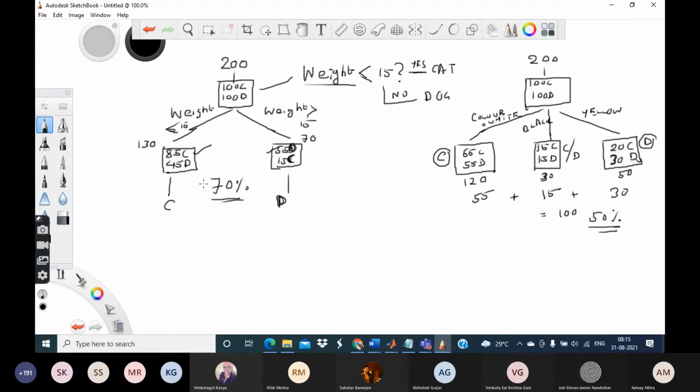So generally, in case of any data set or any sub data set, if one label dominates, then it helps us to classify that data set more clearly. Because whichever is the dominant label, we will just classify all the examples as that label.